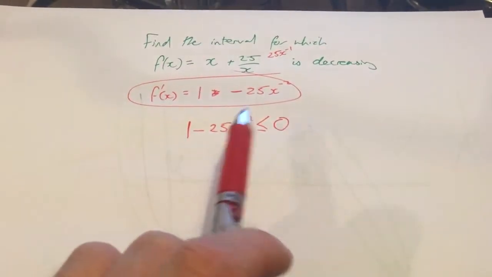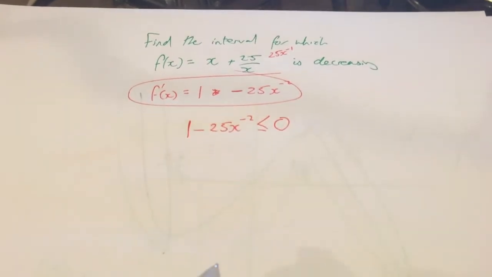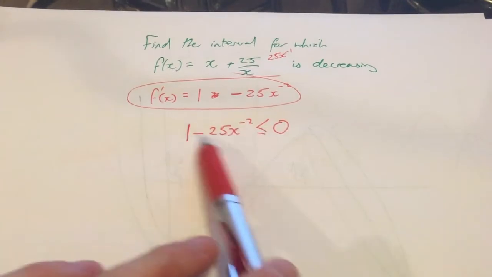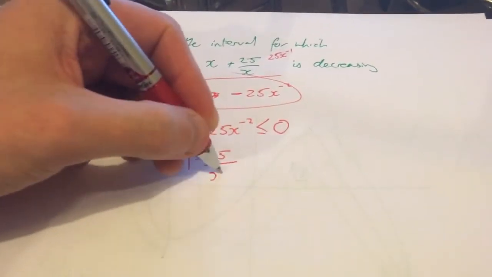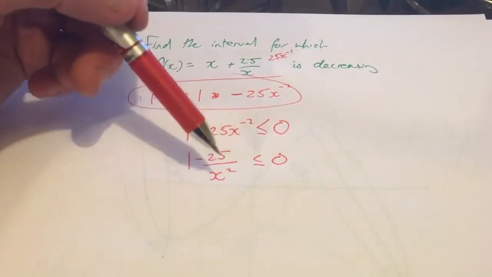Now to solve this one, we've got a weird-looking reciprocal graph. So I'm going to rewrite this using my indices again: 1 - 25/x² is less than or equal to 0. Then I'm going to rearrange this to find x.